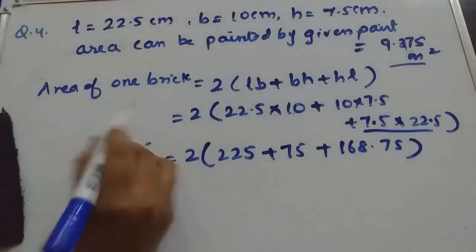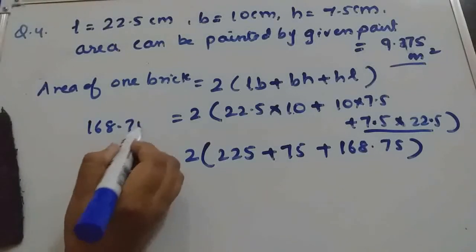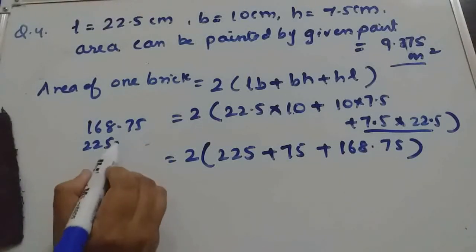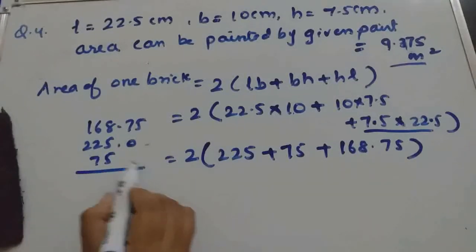Now we can add these numbers. We will get 168.75, 225 and 75.